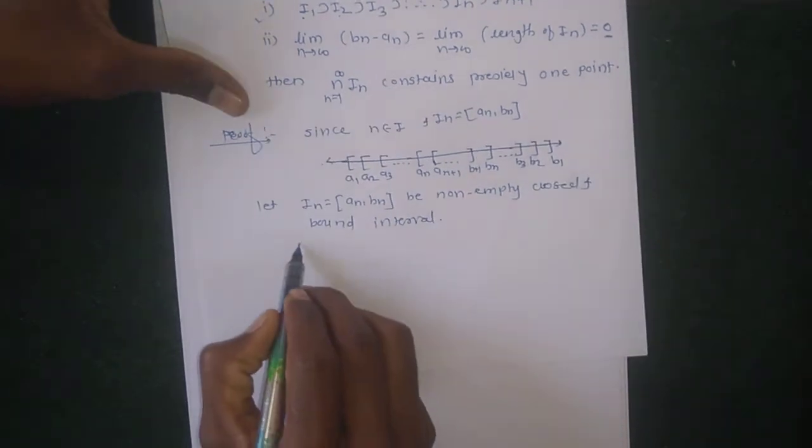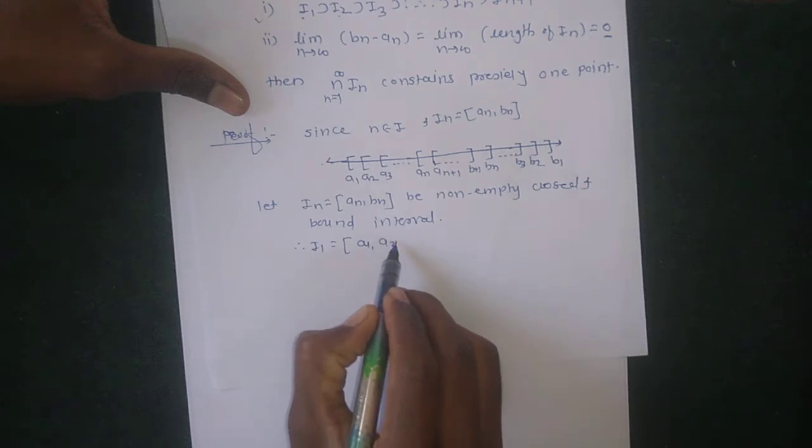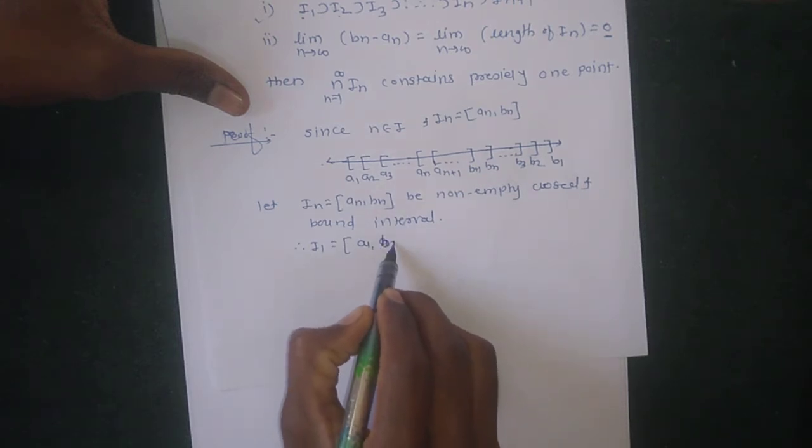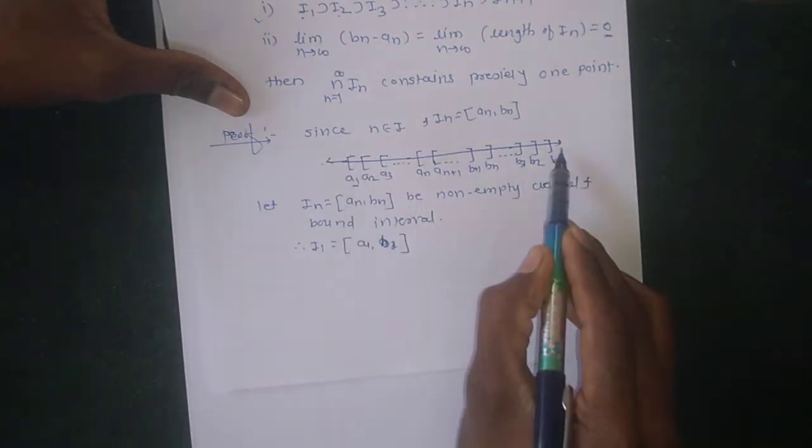Therefore I1 is equal to [a1, b1], this is the I1 interval.